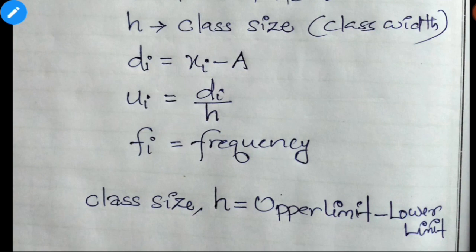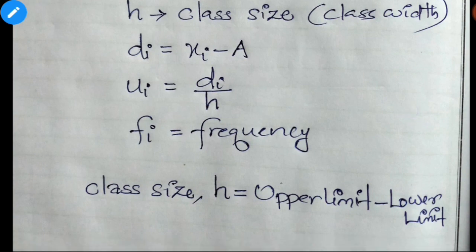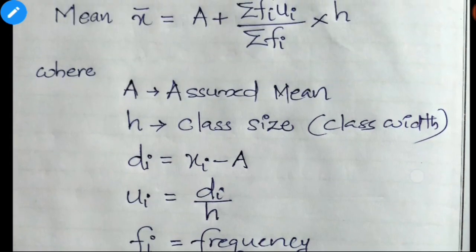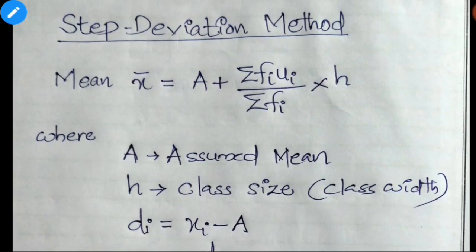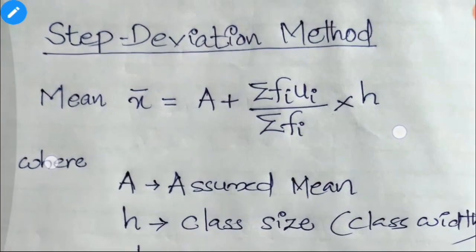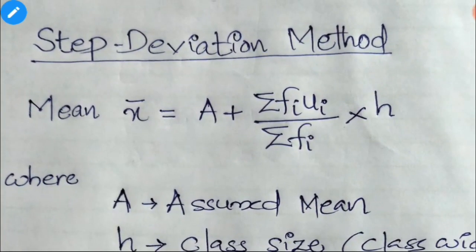And how to find the class size? Class size h equal to upper limit minus lower limit of the class. So by the step deviation method, mean x bar equal to a plus summation fi ui by summation fi into h.